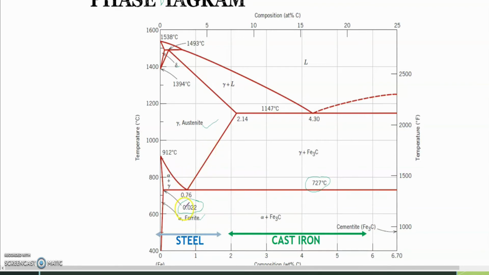Okay, in this phase, the steel is relatively soft and ductile. So dekat ferrite ni, sebab carbon paling maksimum dia boleh larut dalam ferrum ataupun iron hanyalah sebanyak 0.022%. So the steel is soft and ductile lah, dia lembut dan mulur. Kat sini dia lembut dan mulur.